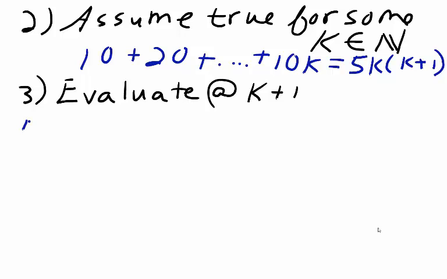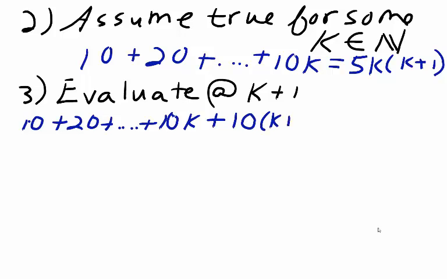So we have 10 plus 20 plus, and then our ellipses, plus 10k. Now, in addition to this, we add plus 10 times k plus 1. This becomes our new left-hand side of the equation. And I'll note here, this is our left-hand side.